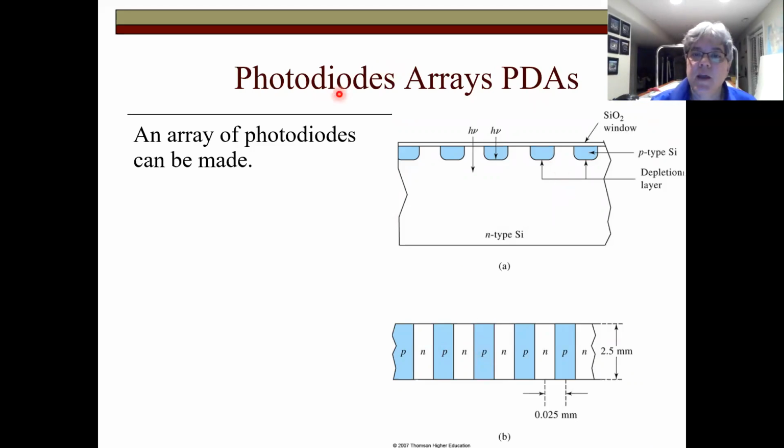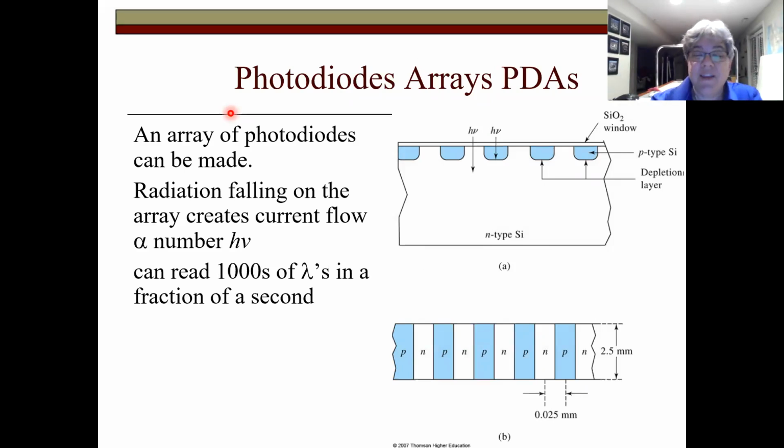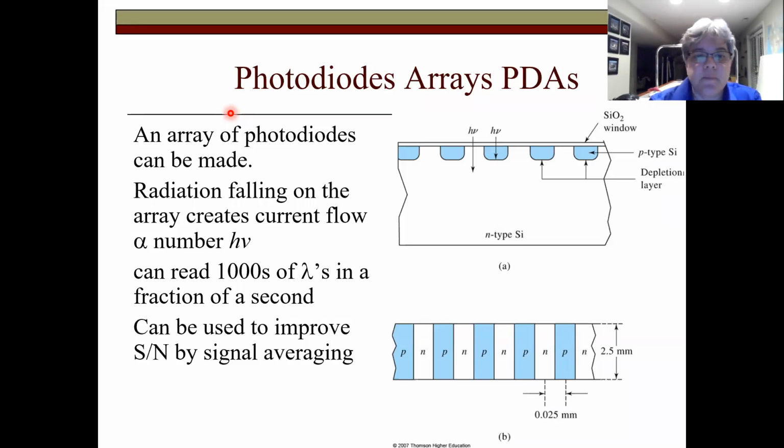It's called a photodiode array, PDA. And when we do this, we can spread out the whole spectrum and measure it all at one time. And we can actually read thousands of wavelengths in less than a second.